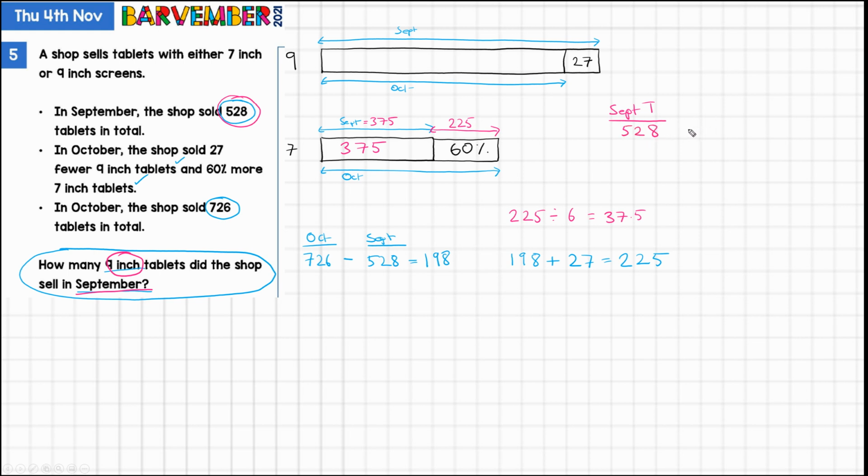And we can take away the 375, which is the 7-inch total, and that gives us 153. So that must be the total amount of 9-inch tablets sold in September. Okay, so that's my answer. And that's how I got it.